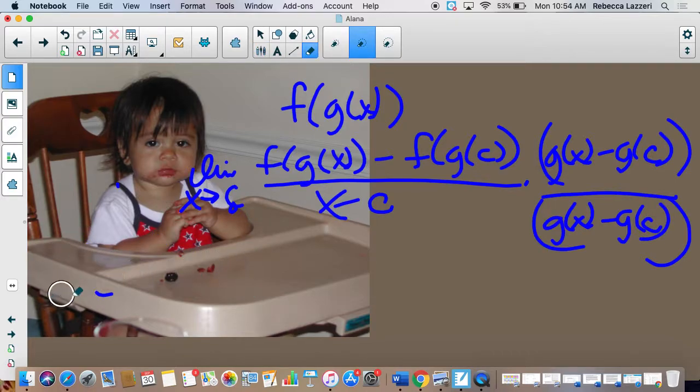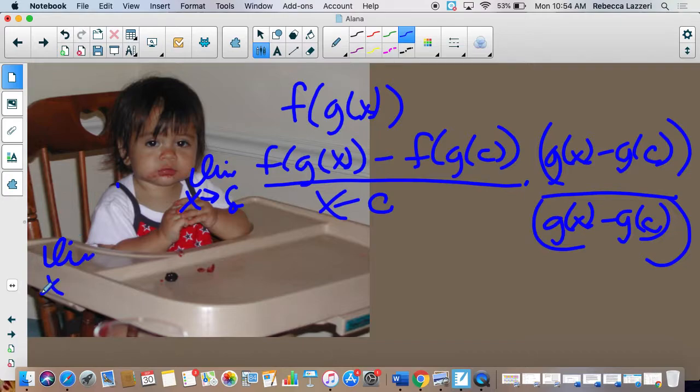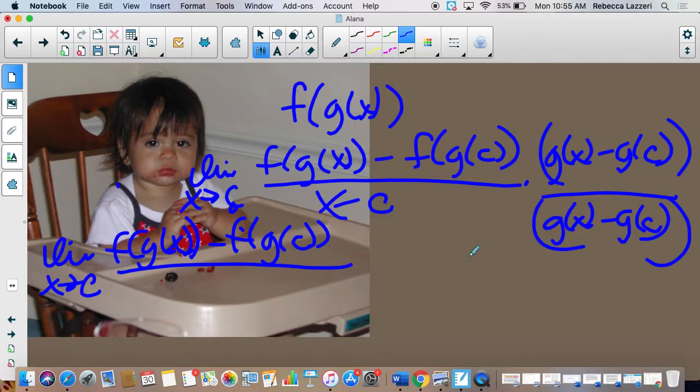And that is a legal move. I can do that because I've multiplied the top and the bottom by the same thing. Now I'm going to regroup it. I'm going to write this as the limit as x approaches c of f of g of x minus f of g of c, I'm going to slide this over here, over g of x minus g of c.